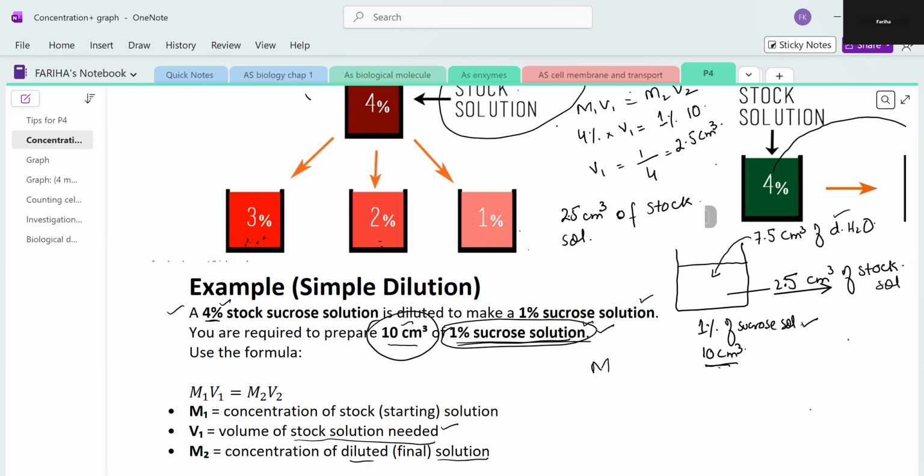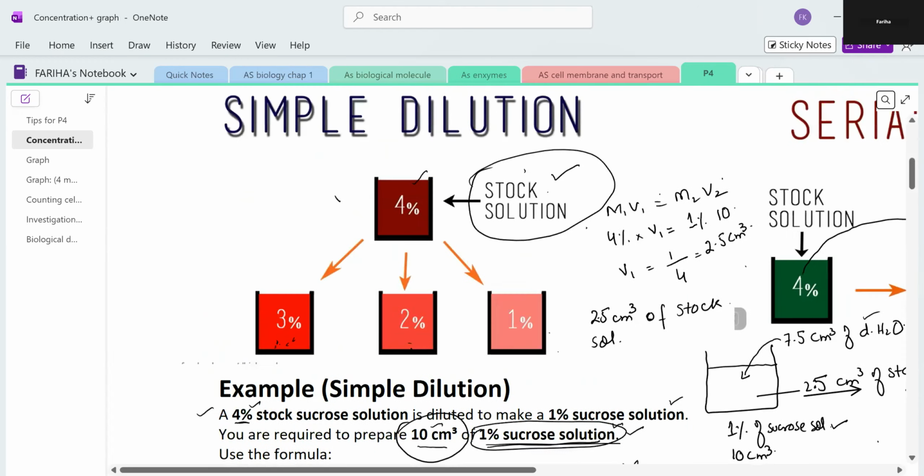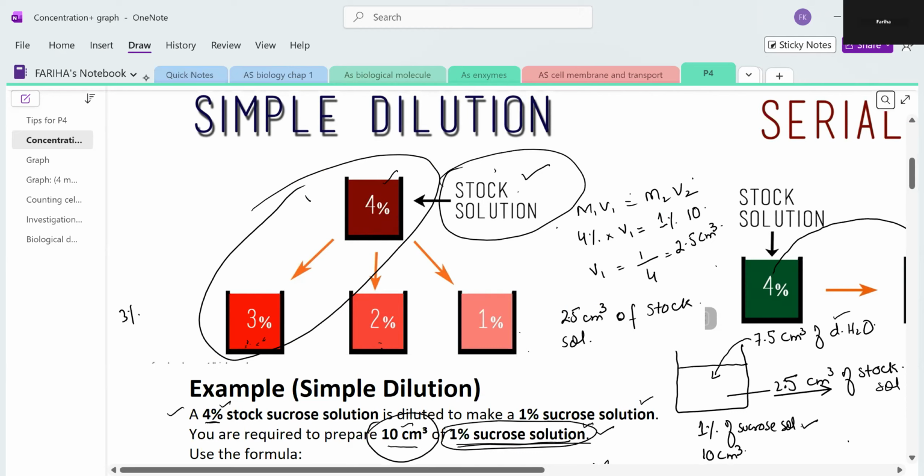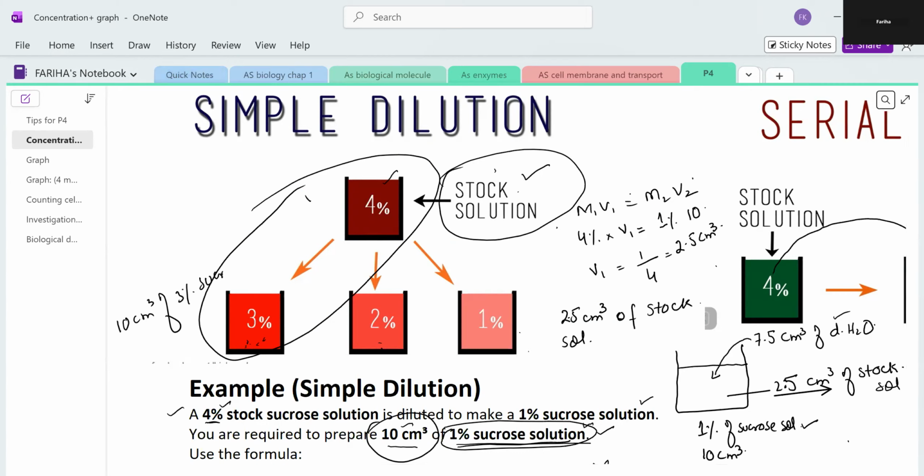Now try to make another dilution out of this 4% stock solution. Let's suppose the examiner asks you to make 10 cubic centimeter of 3% sucrose solution when you are provided with 4% sucrose solution, which is a stock solution.